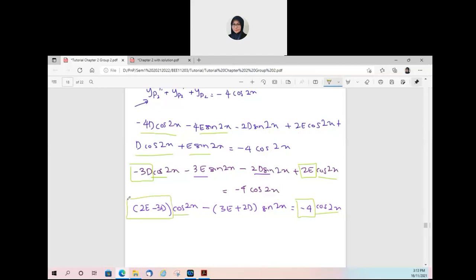Betul tak? You ada cos dekat sini. Cos 2x. Dekat sini pun you ada cos 2x. You tengok sini. So, sini minus 4 is equals to 2e minus 3d.